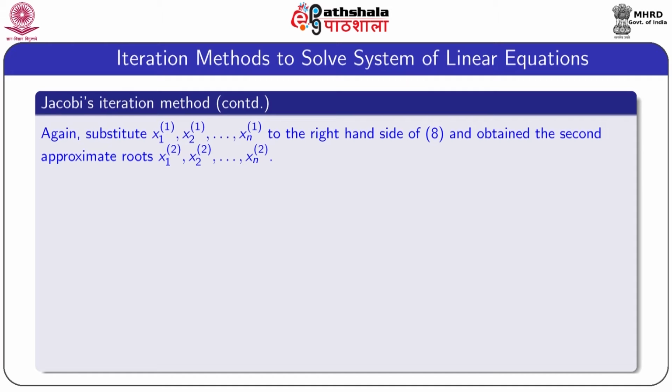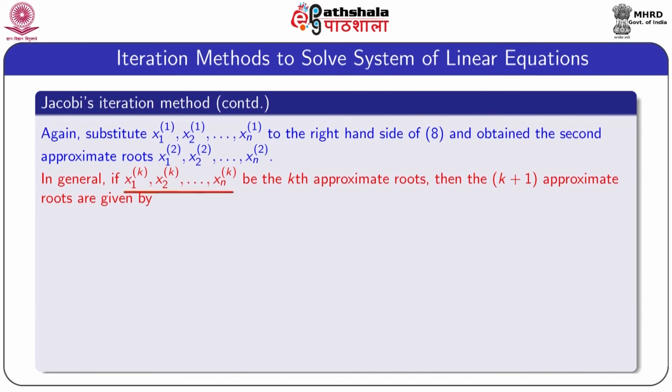Again, we substitute the first approximate values x1^1, x2^1 and xn^1 into the right hand side of the system of equation 8 and obtain the second approximate root x1^2, x2^2, xn^2.